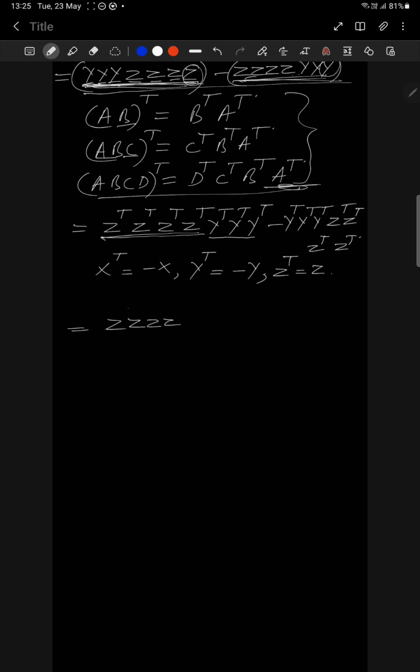So these all z transpose can be written z only 4 times, and y transpose will be written minus y into minus y into minus y, then this minus appears over here, y transpose will be written minus y minus y minus y, and z transpose 4 times can be written z.